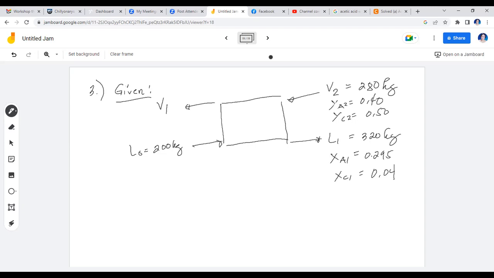Okay, so far these are the information stated in the problem. You are to determine the composition of the feed, so you are after XA0, XC0, XB0. Composition of the extract, YA1, YC1, and YB1. So any question as to our representation? Okay, I think there's none.